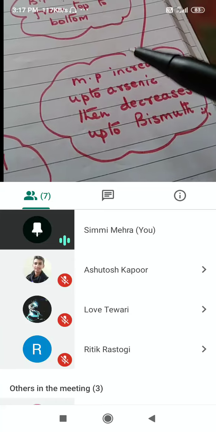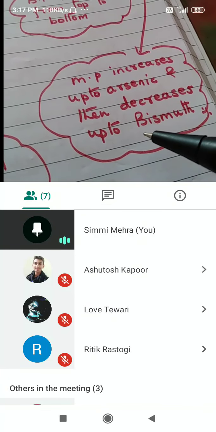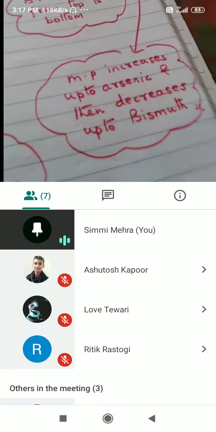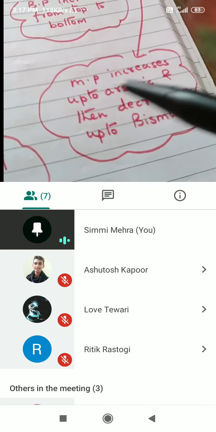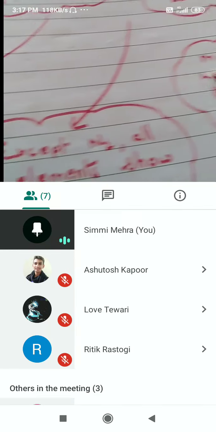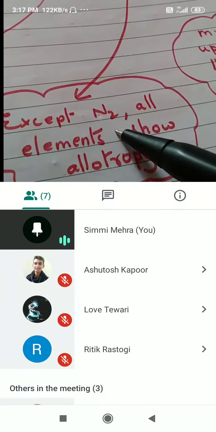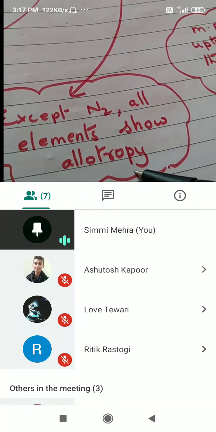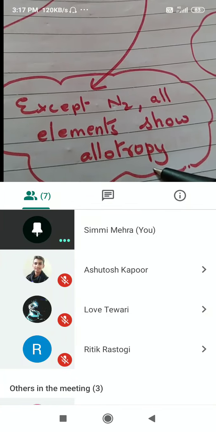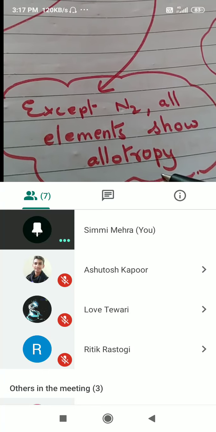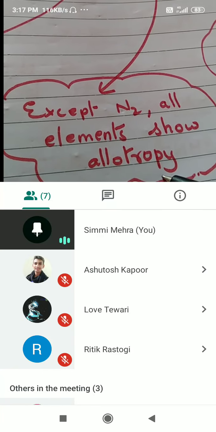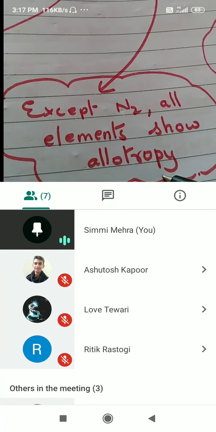Melting point depends upon packing. The more closely the atoms are packed, higher will be the melting point of the solid. Now here, except nitrogen, all elements show allotropy. What is allotropy? Allotropy is the property when the molecule can exist in more than one physical form.